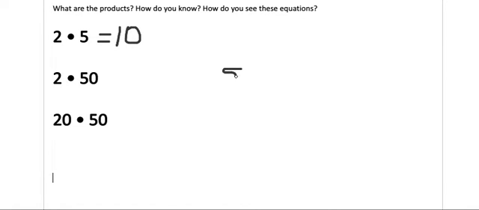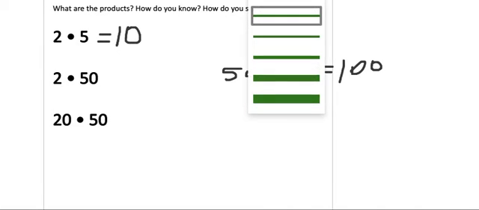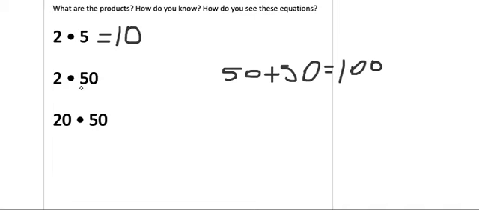I'll write it over here. 50 plus 50. And that is 100. But I want to show you another way that you could think about this. Let's decompose this 50. You can even do it into a 25 and 25.